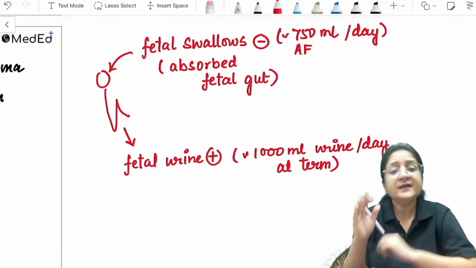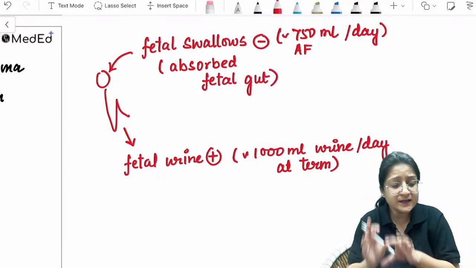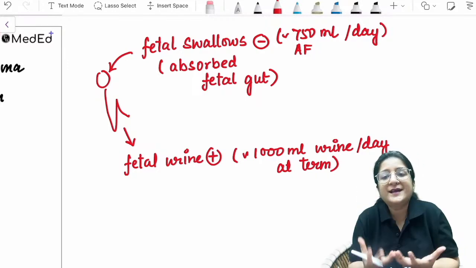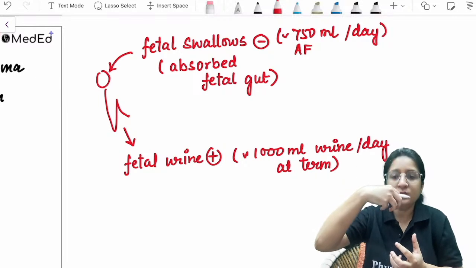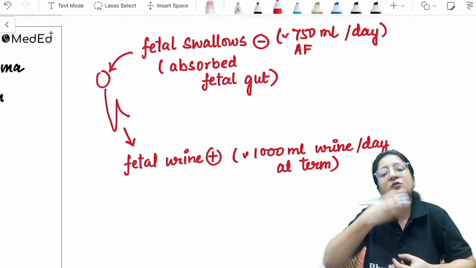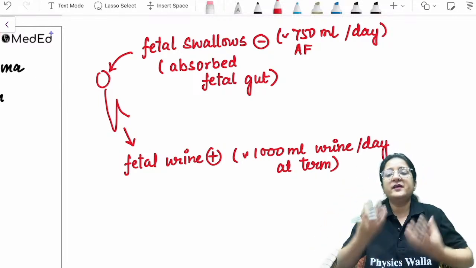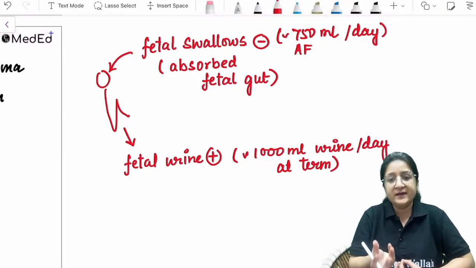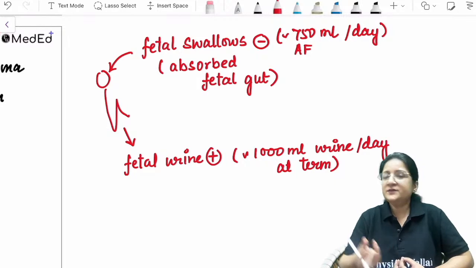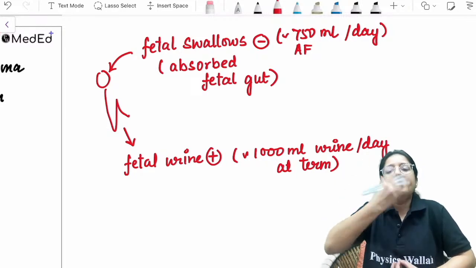If you understand these two basic pointers, you can understand that if there is an abnormality in the fetus where the fetus can't swallow, think of it like fetal vomiting. There is some abnormality by which the fetus is vomiting or regurgitating. One is it can't swallow at all. The other is the fetus swallows but then vomits it out.